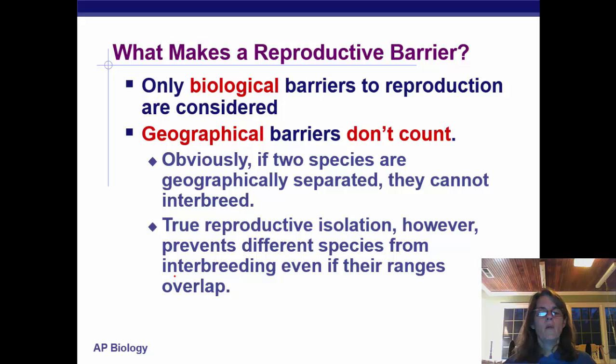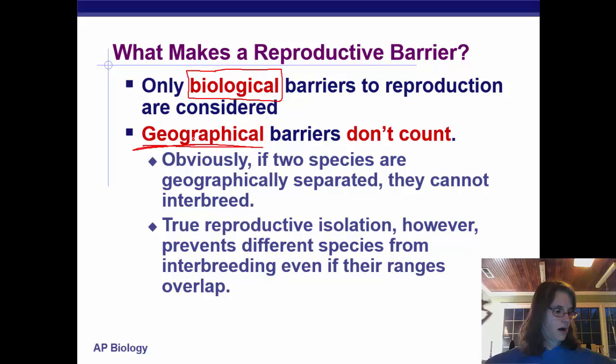Now, what is it that makes a reproductive barrier? The only thing that is considered a true reproductive barrier is an actual barrier within the organism itself, a biological barrier to reproduction. In other words, just because you put two animals on either side of a fence and prevent them from interbreeding, that doesn't count.